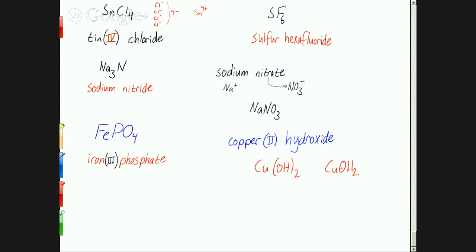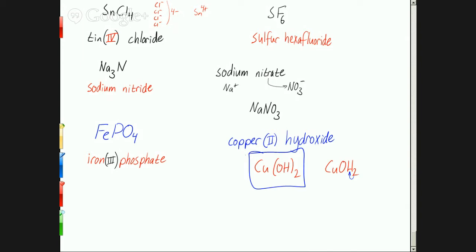When we don't have the parentheses, then the two is really only applying to the hydrogen and not to the oxygen with it. So this is not the right way to write this, because this is telling us that we have a copper, an oxygen, and two hydrogens. And what we really want is a copper and then two oxygens and two hydrogens, the OHs all together. So this is the better symbol for copper hydroxide.